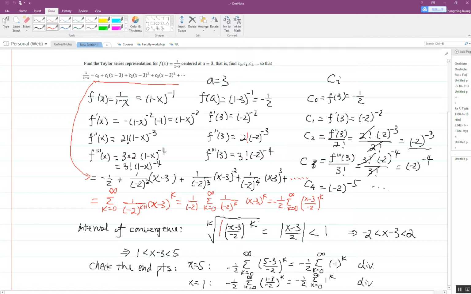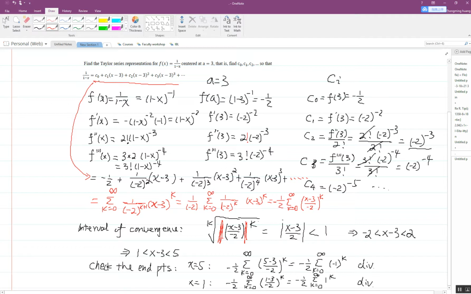What's missing here is the absolute value symbol. You have to consider the absolute value symbol because x can be any number. We want to figure out the numbers so that it converges. So this result can be negative. That's why we want to have the absolute value sign here.